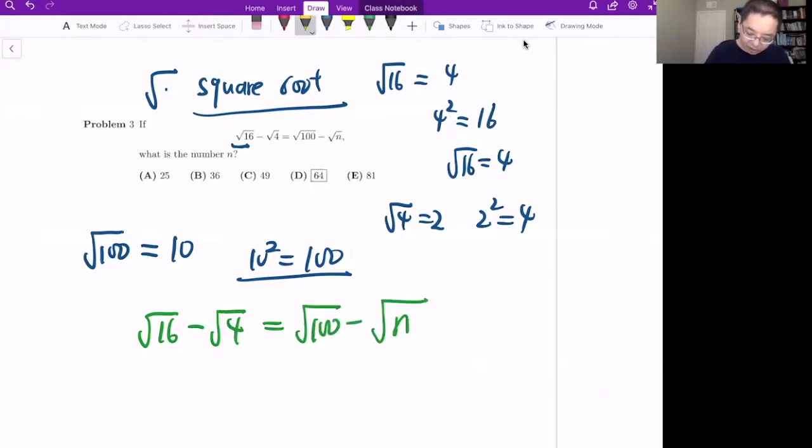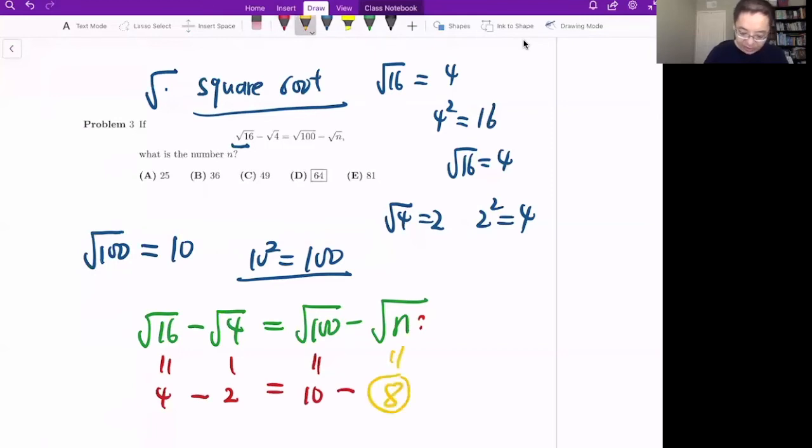This is what we need to figure out. As we did, this one equals 4, this is 2, and this one is 10. So this square root obviously has to equal 8.